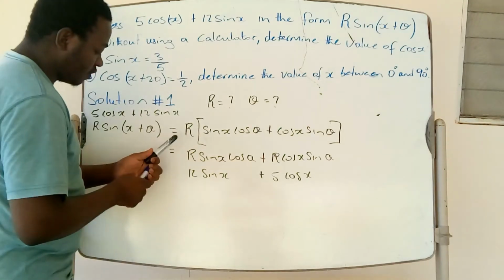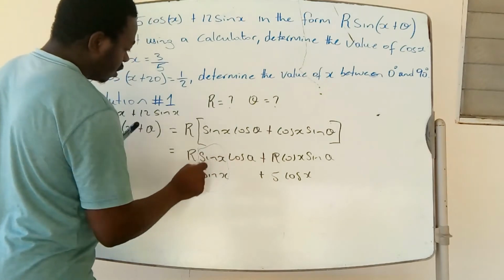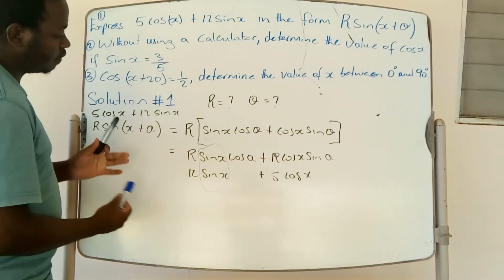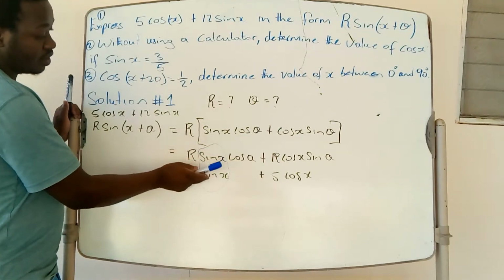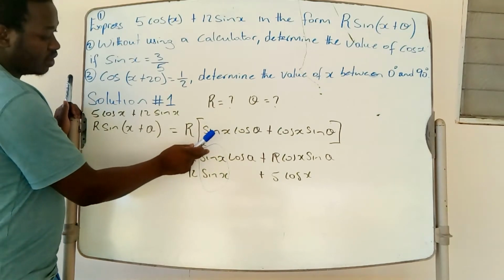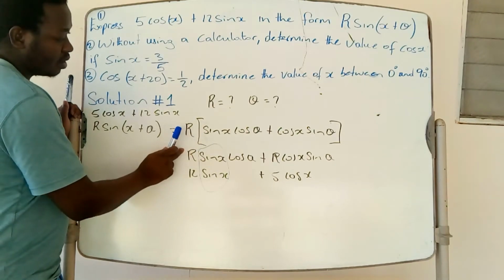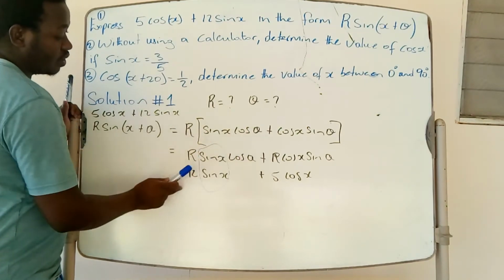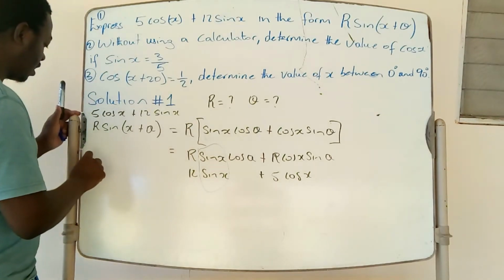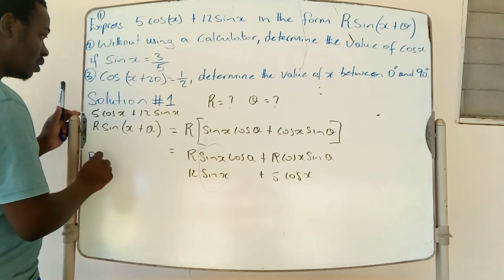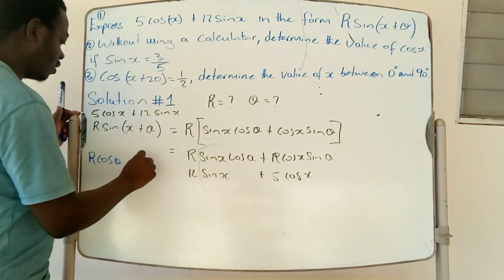But note here we have sine x in both sections. So if these two things are equal, it means that sine x will equal sine x, right? So it means that r cos theta is equal to 12. And we can write that down: r cos theta is equal to 12.